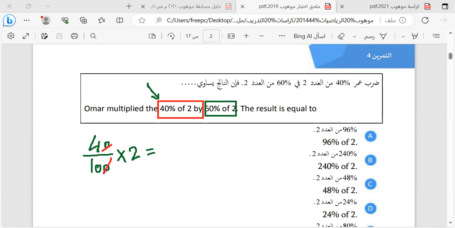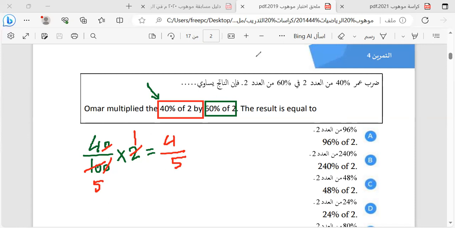Yes. 0 with 0, we cancel out. Then divide by 2, divide by 2. Then 4 times 1, and 5 put here. This is the result.